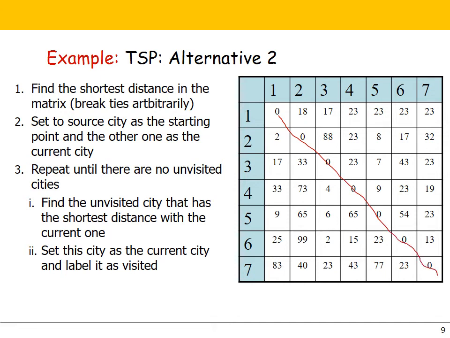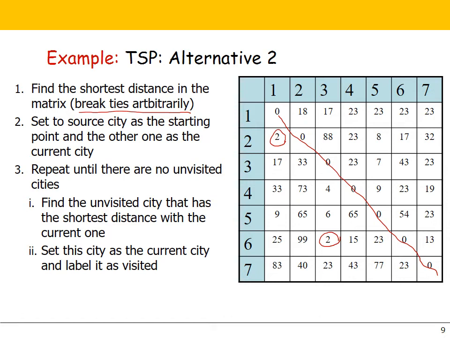Other than this diagonal, you need to find the shortest. From 2 to 1, we have 2, and from 6 to 3, we have 2, and there are no others. So there are two same shortest distances. We need to select one of them, and here it says break ties arbitrarily. It means that if there is equality, if there are alternatives, select one of them randomly.